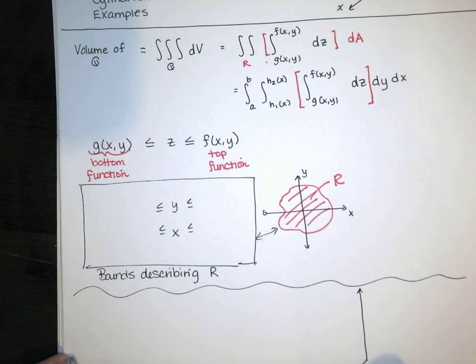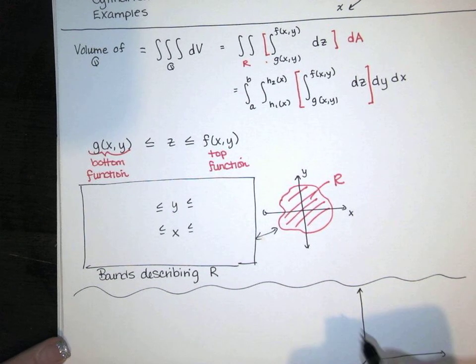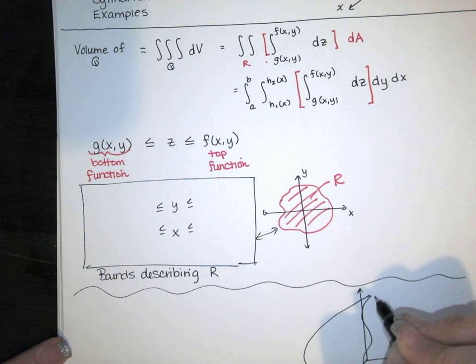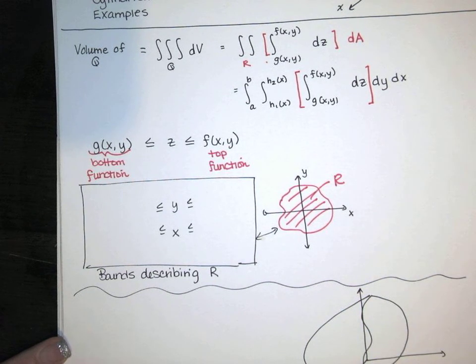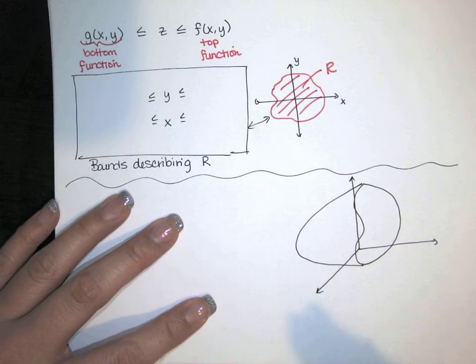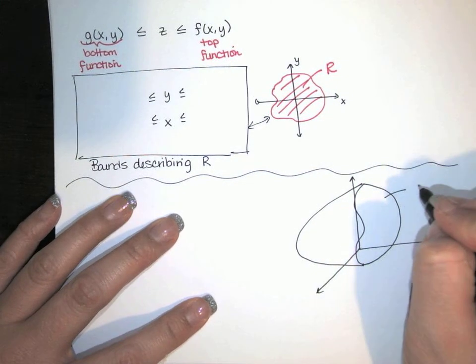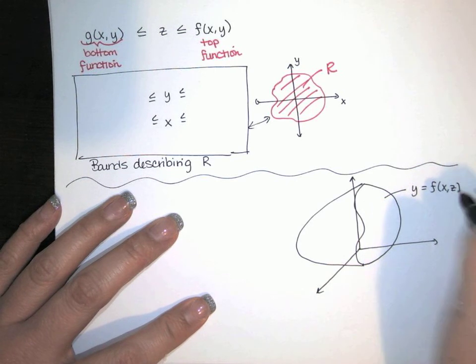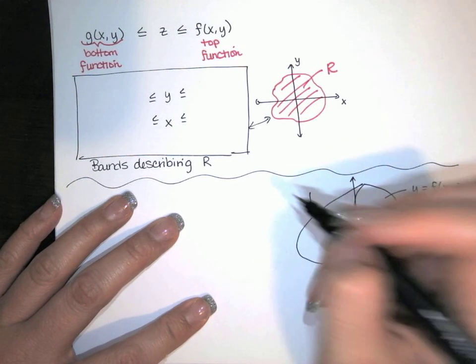Another possibility is maybe your functions look like this. Maybe y goes from some function of x and z to a different function of x and z. So maybe this is y equals some function of x and z, and this is some function of x and z over here.